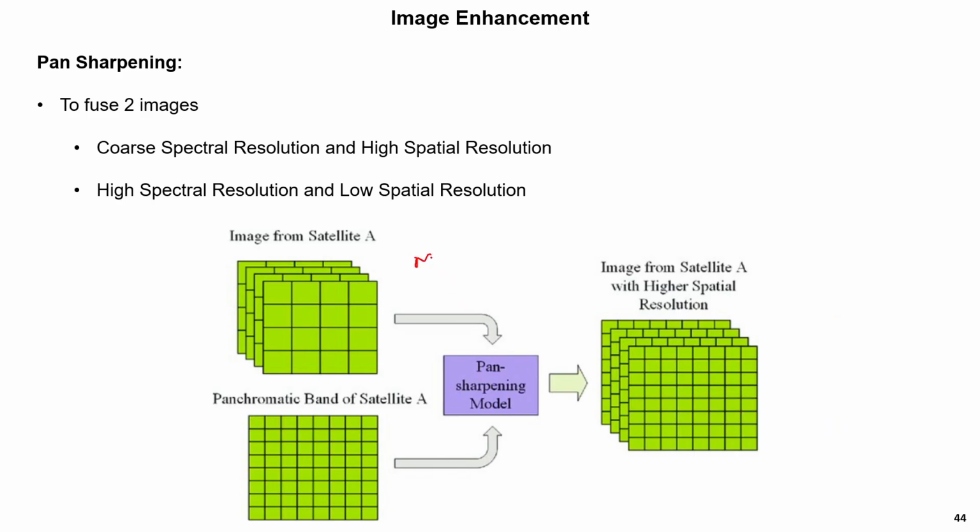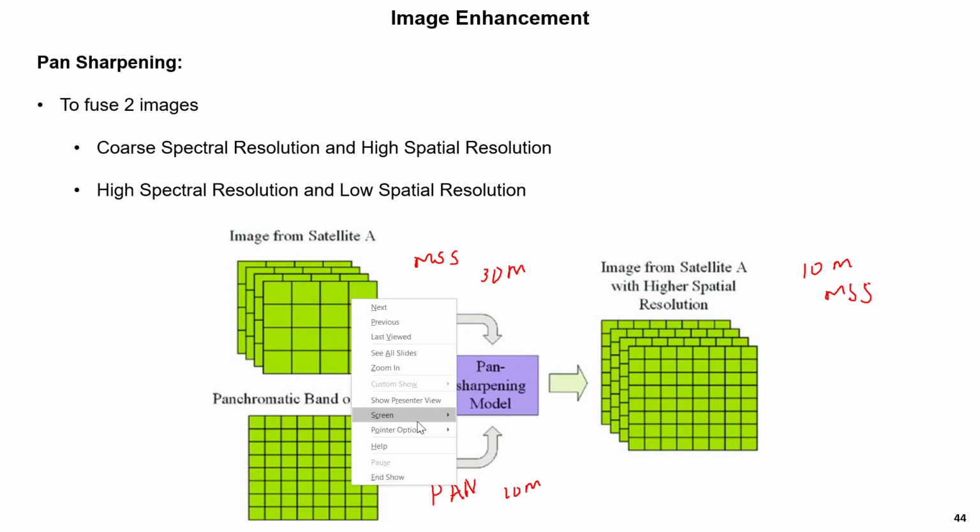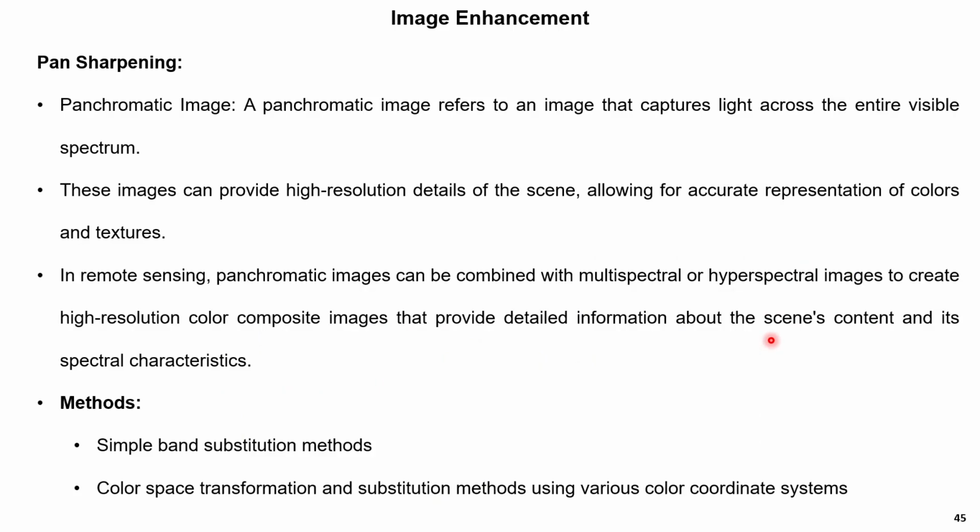So this is your multispectral band and this is your pan band, panchromatic. And your output will be 10 meter spatial resolution. So if this is 10 meter and this is 30 meter, the output will be a 10 meter multispectral band. With the use of the pan band, we can enhance our multispectral bands and get a very clear image as output.